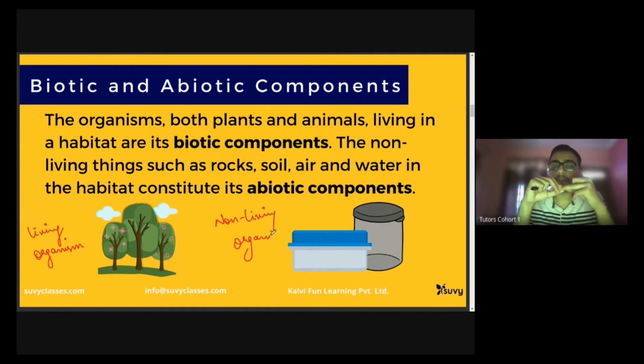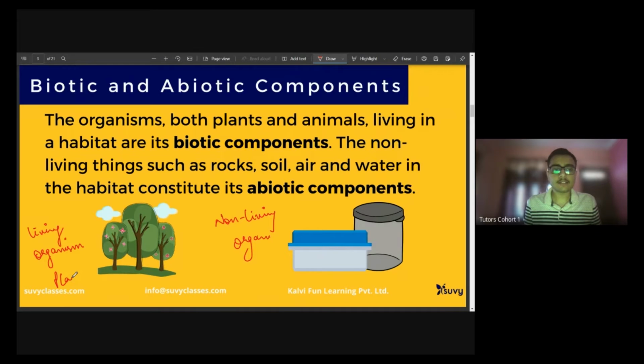Non-living organisms include anything that is not living. This pen, this table, this chair, this laptop, this mouse. Sun is also non-living. Plants are living.